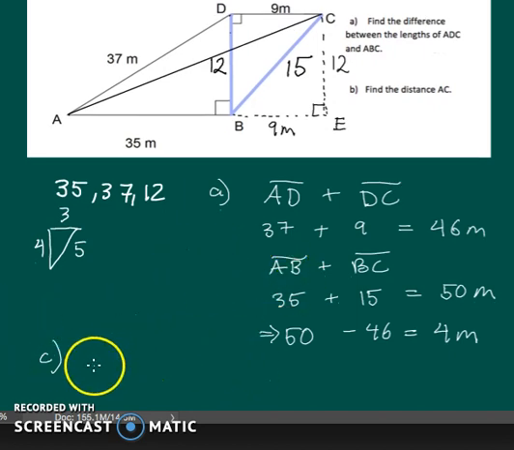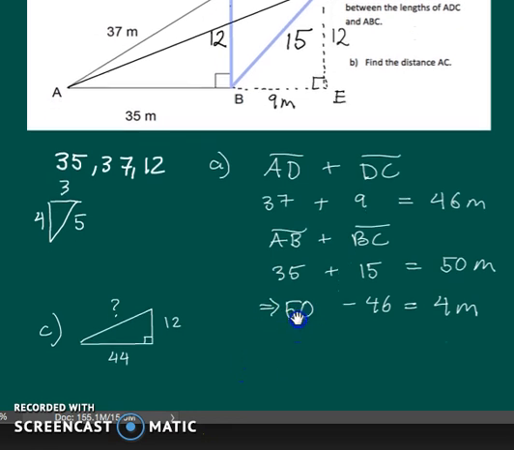So I'm just going to draw a mini version of it here so we can deal with it more easily. So I want to know the length of this side. I know that this side here has length 12, and down here I've got 35 plus 9, which is 44.